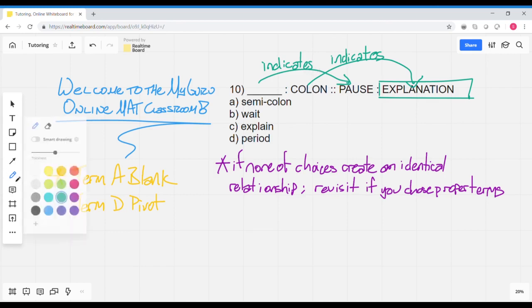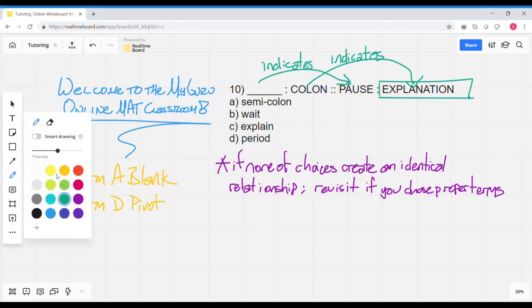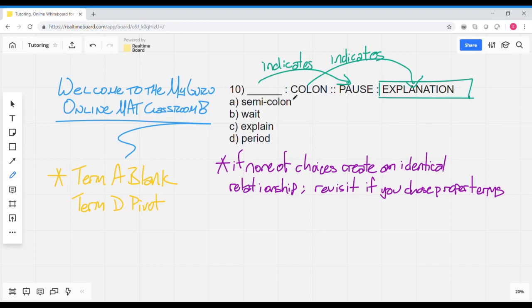So now that we've properly defined what colon means in this case, and again, we know we have to consider secondary definitions at all times, we can eliminate wait and explain as basically being the wrong relationship, because we know it has to be tied to grammar in this case.